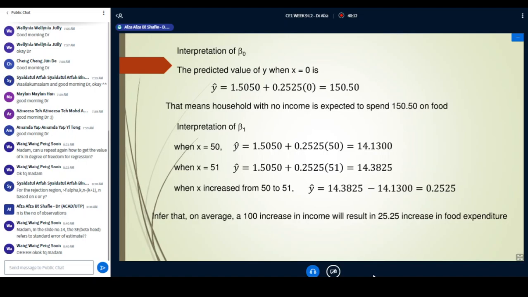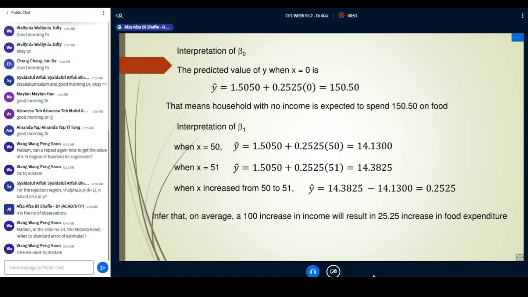So what it means is, what is the interpretation of the beta naught and what is the interpretation of the beta 1? For the beta naught, it is just a constant, so I'm more interested in the value when my x is equal to 0. When my x is equal to 0, then I would expect the household income, when I put in the value, this is just my expectation, whether the model is right or not.